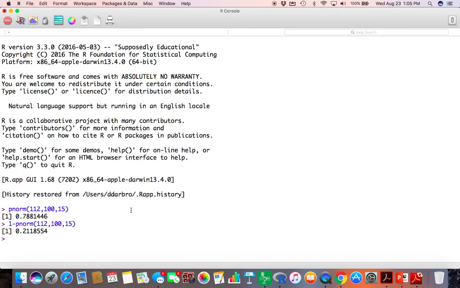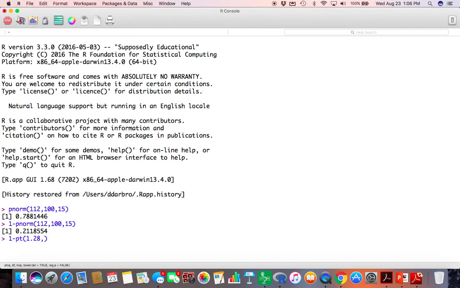Now, what if I had a t distribution and I wanted to find the area to the right of, like, t equal 1.28? Then I would use pt. If I put in 1.28, that's going to give me the area to the left. So I'm going to come in and go 1 minus that to get the area to the right. And then I would put in the degrees of freedom.